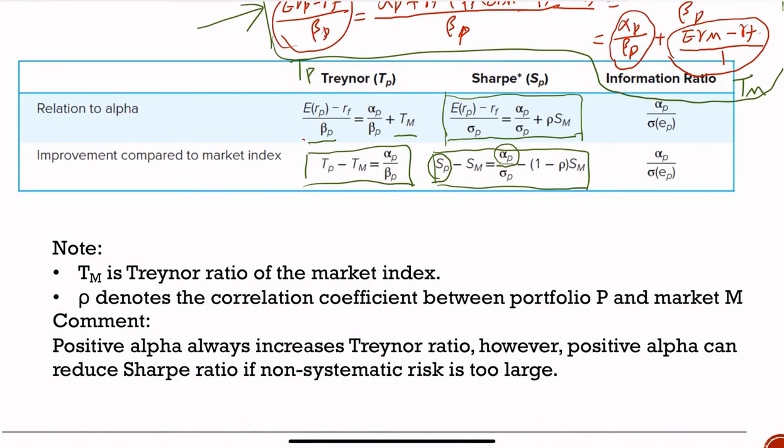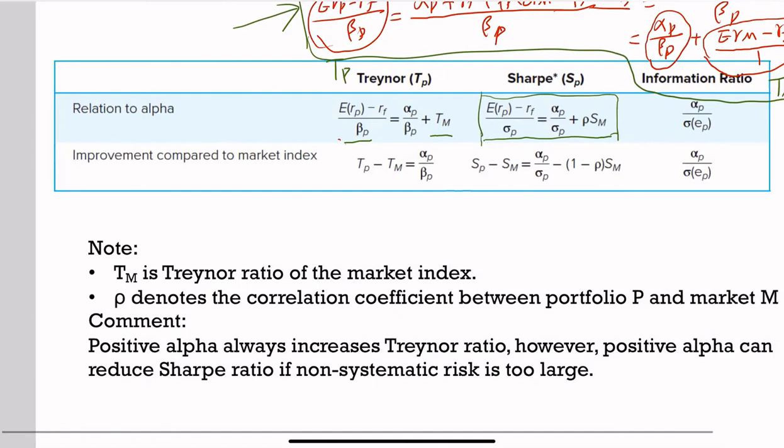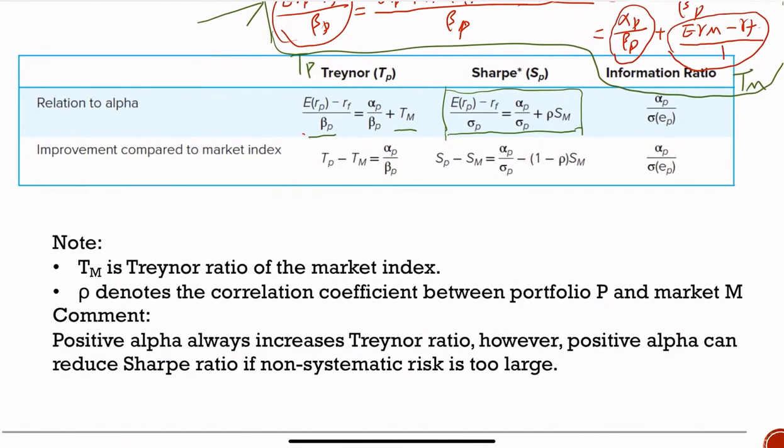And then we could also see an interesting result. That is, if portfolio P's alpha is positive, then it always increases training ratio, right? That is, if alpha P is larger than 0, then this will be larger than 0. So TP will be always larger than TM.